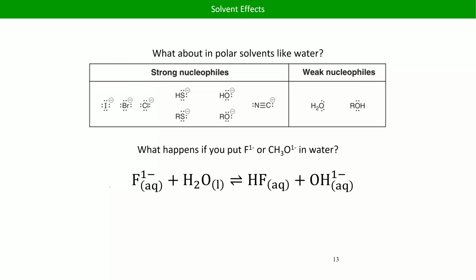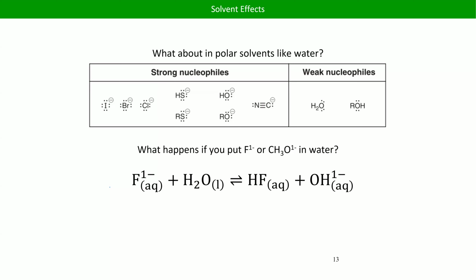If you put cyanide in water, you make hydrocyanic acid and OH. And then your OH can go on and be the nucleophile instead of the cyanide that you wanted to be the nucleophile. So we want solvents that are polar, but that can't act as an acid.